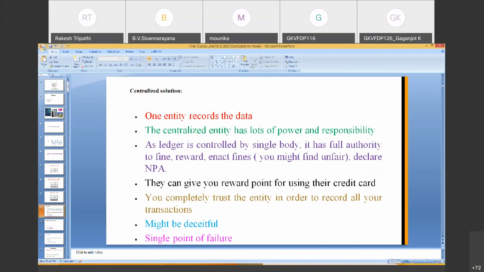Since it is a single authority, they can fine you, they can reward you, they can enact a fine you might find unfair, and they can declare NPA. They are taking your money, giving loans to different agencies, and if the agencies default, then they declare it to be NPA, non-performing asset. Now all these things are happening, and because of this, Bitcoin started in 2008, because of all these issues of banking system failure.